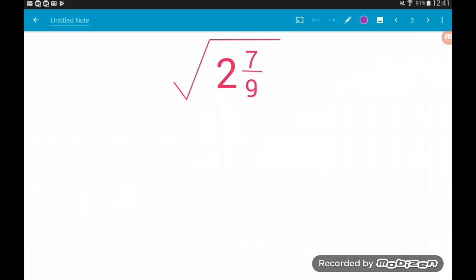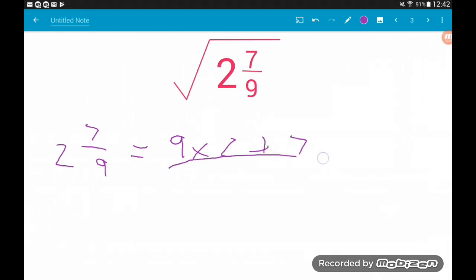Okay, so example 2. Here we have another nice example where there's no square root in our answer. So again, we don't want a mixed number underneath the surd. So first of all, let's turn 2 and 7/9 into an improper fraction. So the bottom of the fraction multiplies the whole number, so 9 times 2, add the top of the fraction, so add 7, and then it's all over the bottom of the fraction.